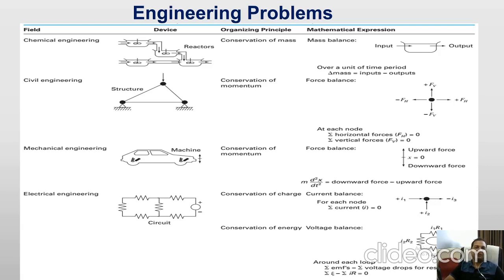Here we will have reactors and a reservoir, and our objective is to get the flow rate of a particular chemical constituent with respect to time. For that we need to implement the conservation of mass, and by using this principle we will have the mathematical equation, and that mathematical expression we need to solve. For solving this mathematical expression we will use a numerical technique.